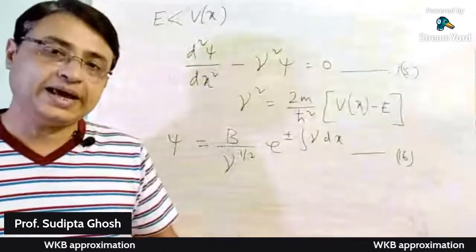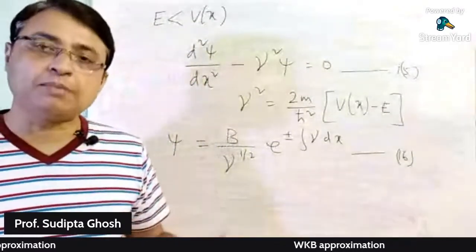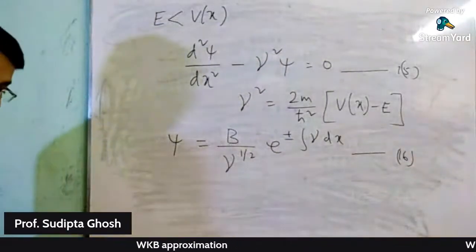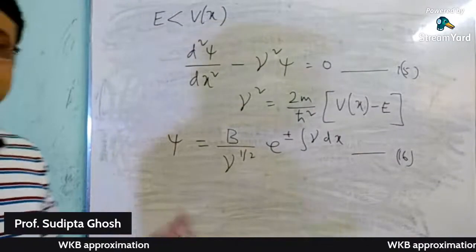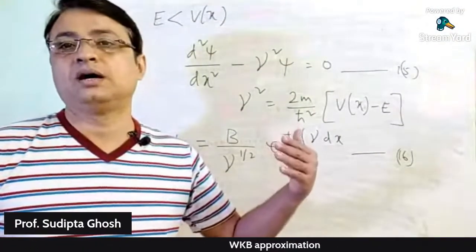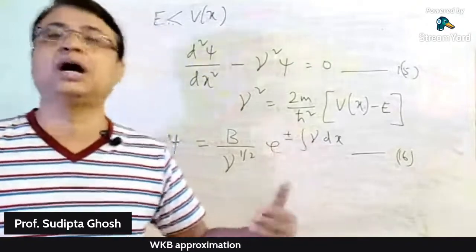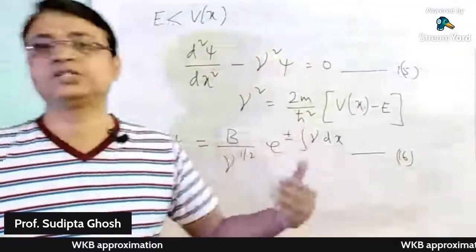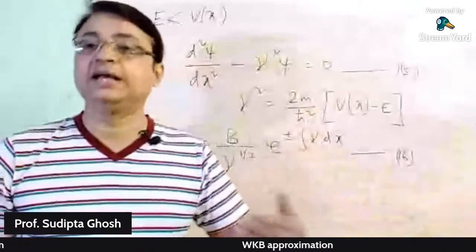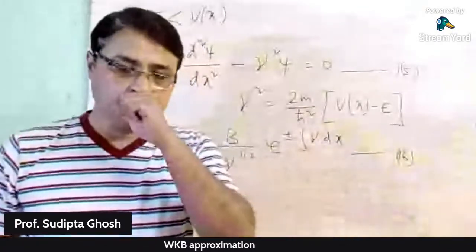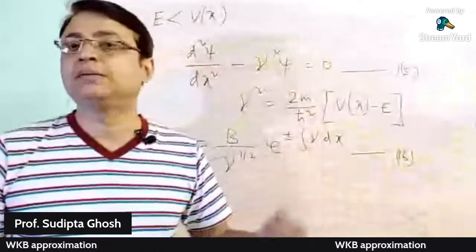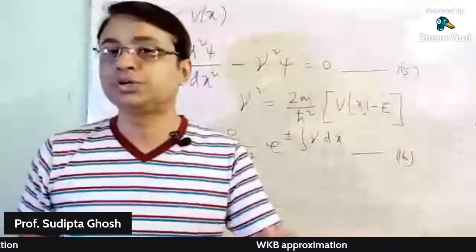Consequently, the expression of psi was psi equals A by k to the power half, and if k tends to 0, psi goes to infinity.